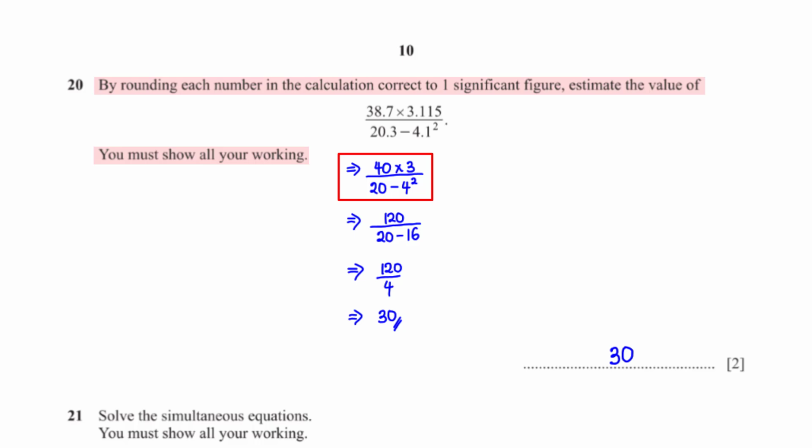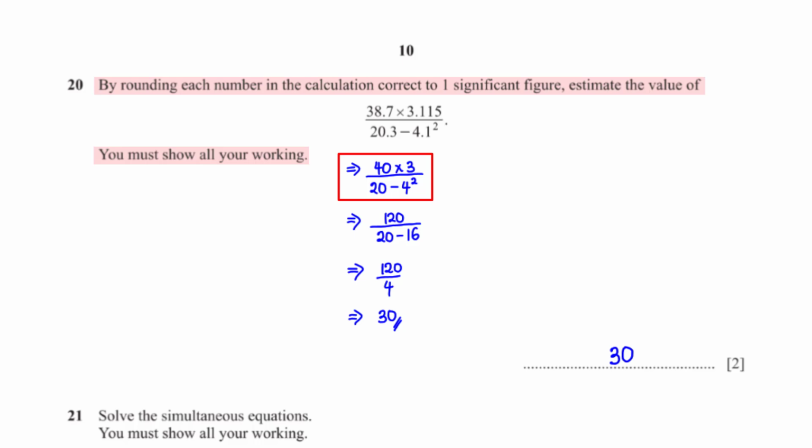The number after 3, which is 1, is less than 5. So we maintain 3 and the numbers after 3 become 0. So 3.115 becomes 3. For 20.3, the first significant figure is 2. The number after 2, which is 0, is less than 5. So we maintain 2 and the numbers after 2 become 0.